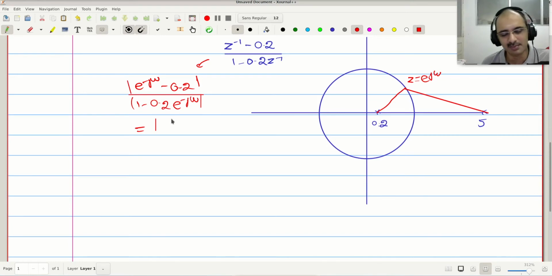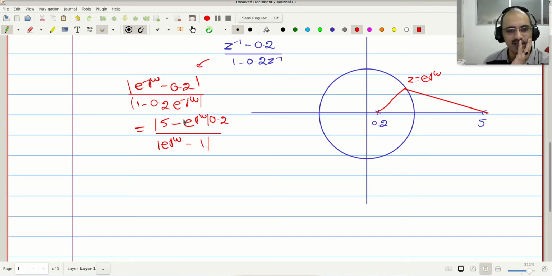So let me do it carefully. This is going to be 5 minus e power j omega, 0.2 times that, divided by e power j omega minus 1. Now, how did I get this? Notice that whenever you have this kind of situation, you can always take the conjugate and write this as e power j omega minus 5, or 5 minus e power j omega, it doesn't matter.